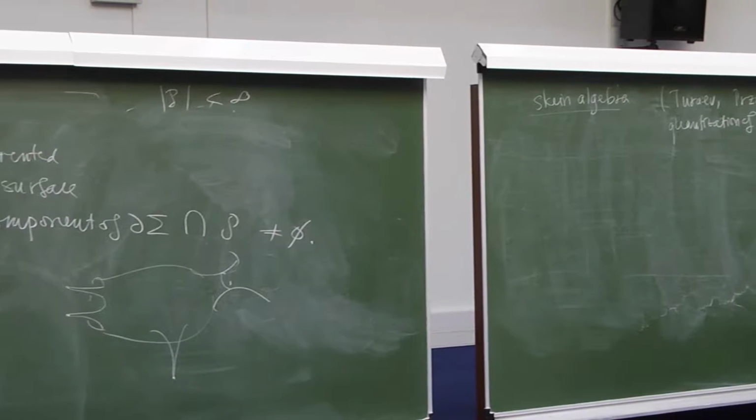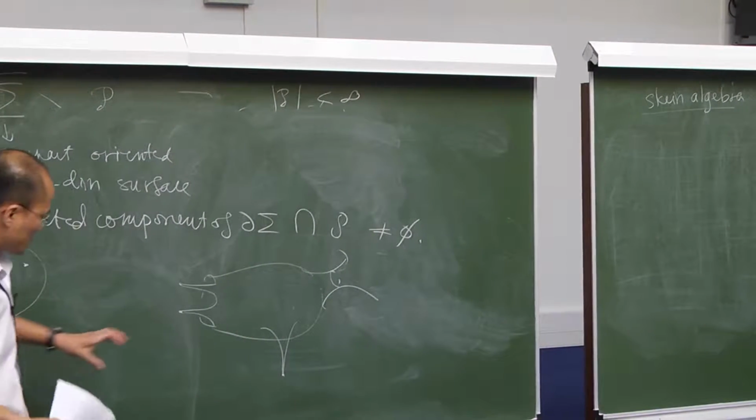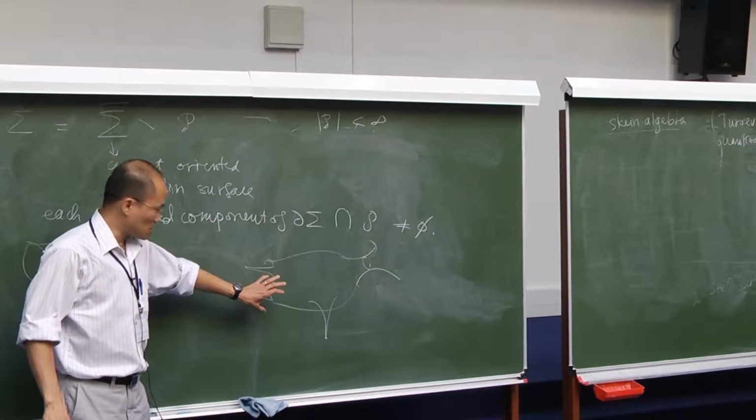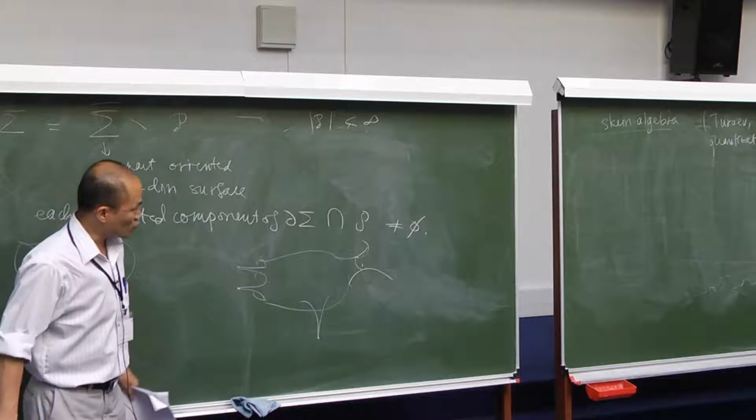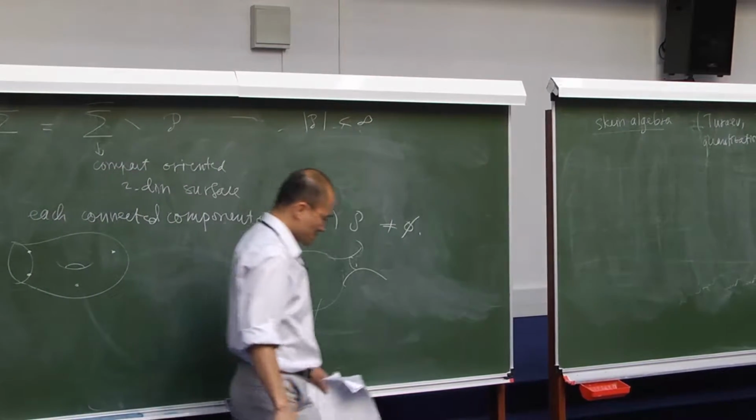The second object that we will look at is the so-called quantization of the Teichmüller space.